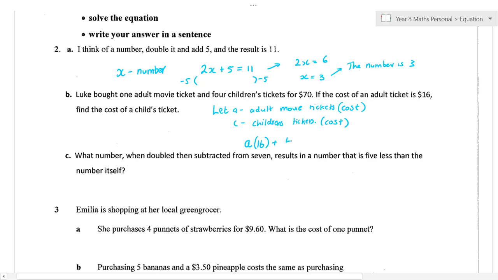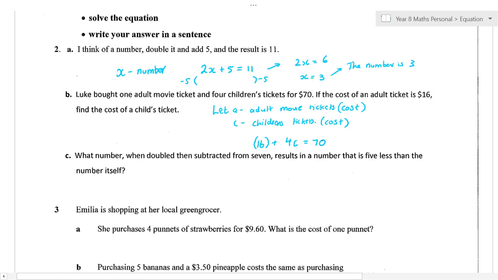But we do know that he had 4 times. So it's 16 times 1 plus 4 times the children's ticket, and it cost him $70. Okay, so we've actually constructed an equation.